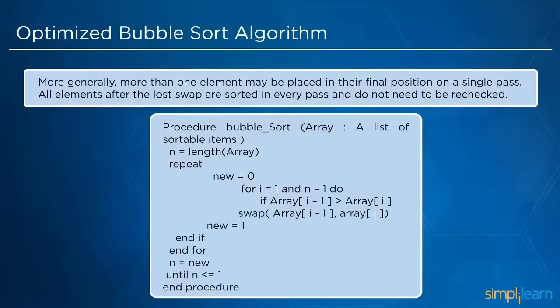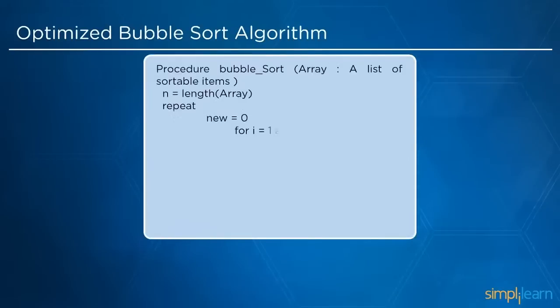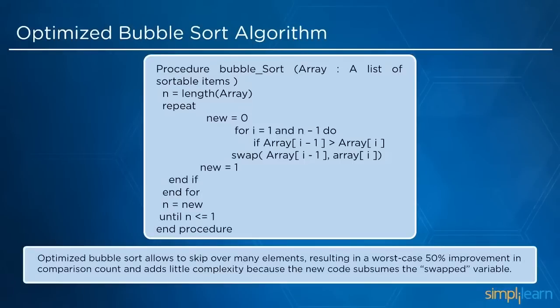All the elements after the last swap are sorted in every pass and do not need to be rechecked. The optimized bubble sort algorithm allows skipping over many elements. This results in a worst case 50% improvement in comparison count, and adds little complexity because the new code uses the swapped variable.